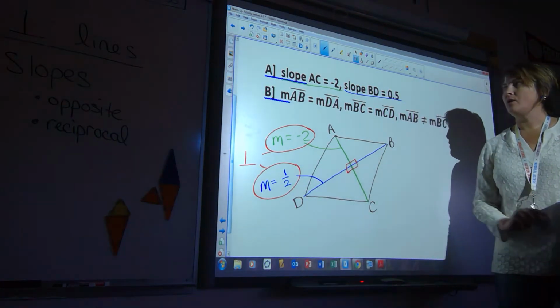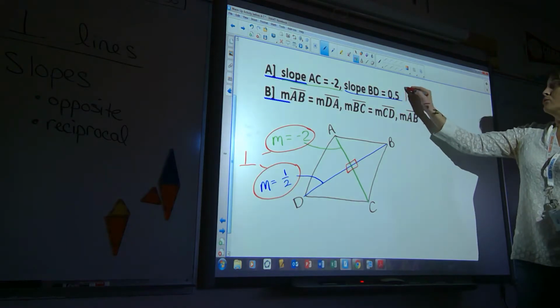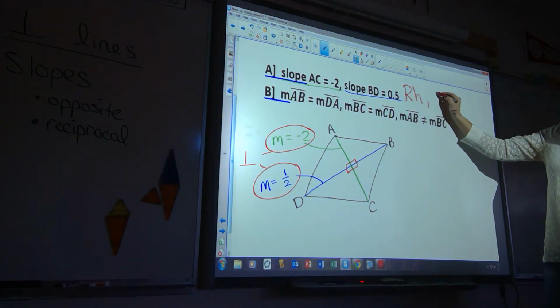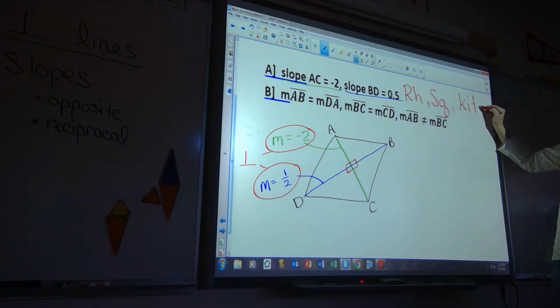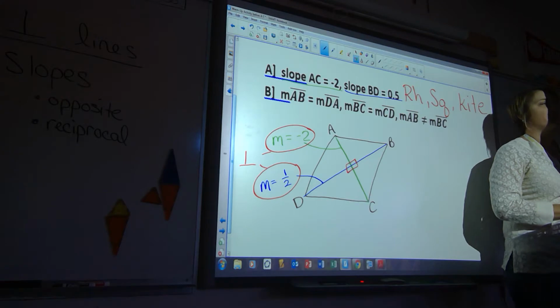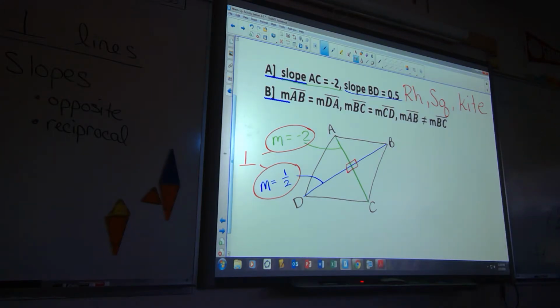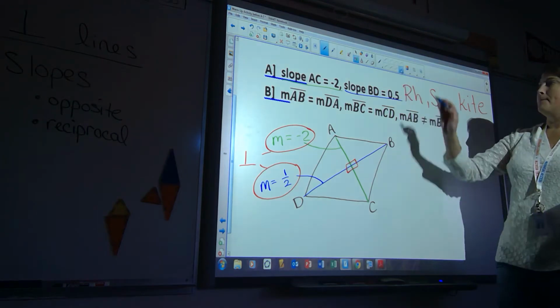Then what shapes have perpendicular diagonals? Rhombus, square, and a kite. So I have now narrowed it down to three possible shapes just because of that bit of information. Now let's see what the other information is giving us.